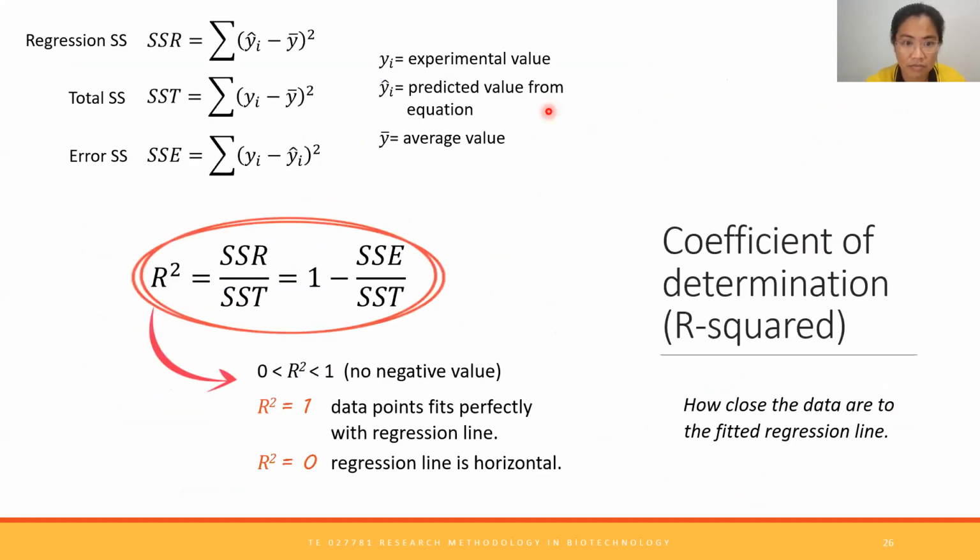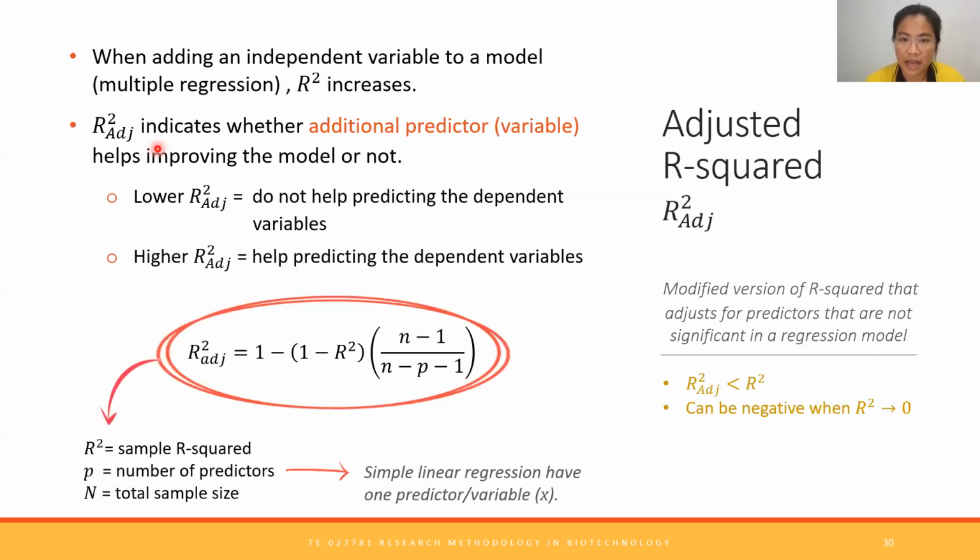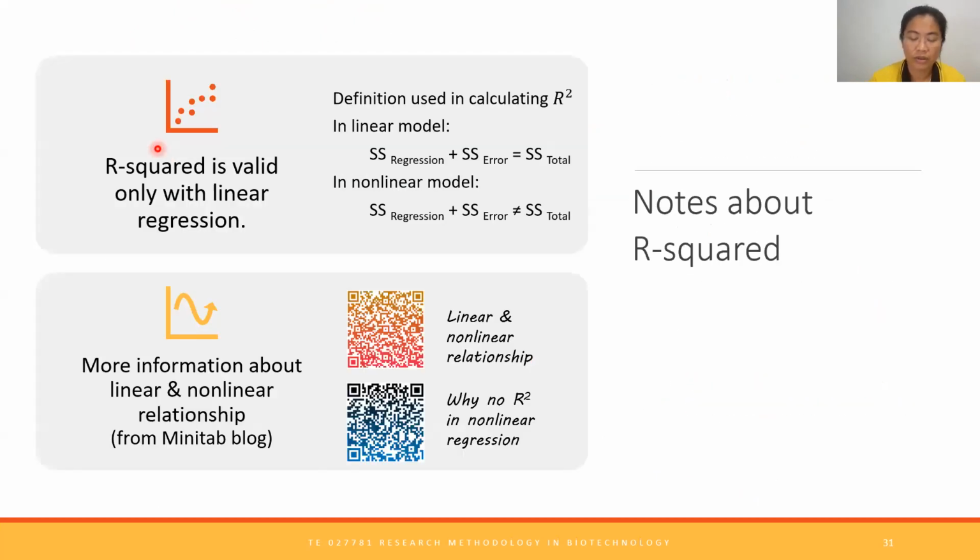It is this calculation, and this calculation is based on this formulation, and that only works with a simple regression line, okay? You can use that formula to calculate the R-square, but the R-square itself, in the case of other models which are not a simple linear model, will not tell you that much, okay?